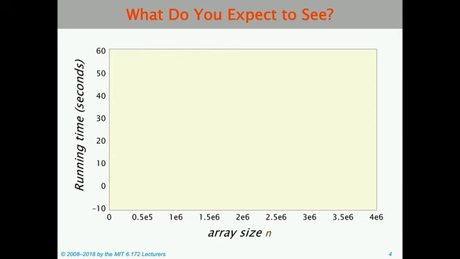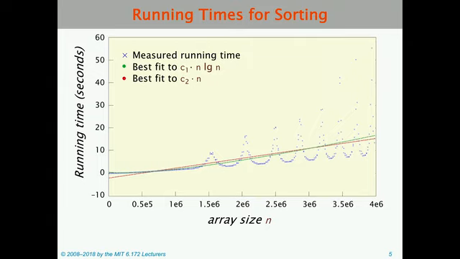And this is actually his data from, gosh, this must have been 20 years ago or something. Here's what it looked like. The blue X's there are the run times. And then through that, we've plotted two curves, one which is the best fit to order n log n growth, and the best fit to order n growth.